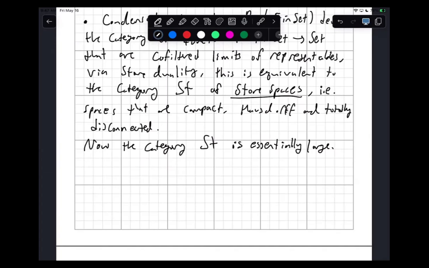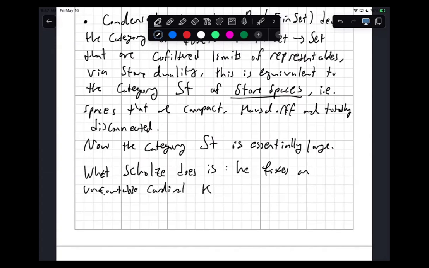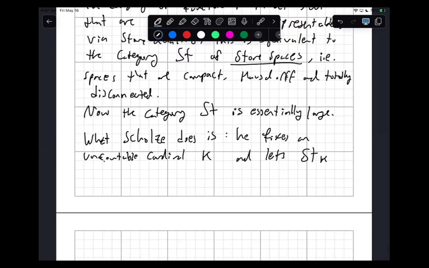So what Scholze does is he fixes an uncountable cardinal kappa and lets ST kappa denote the full subcategory of Stone spaces with cardinality less than kappa.